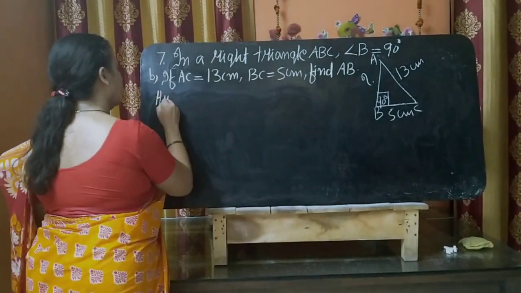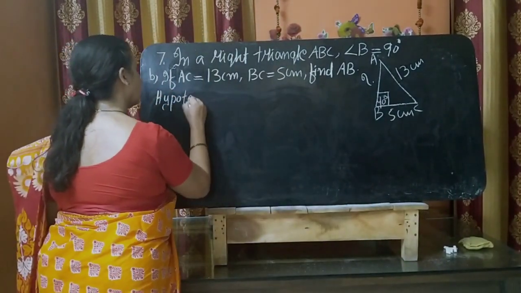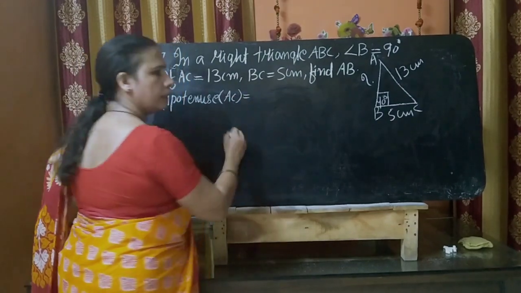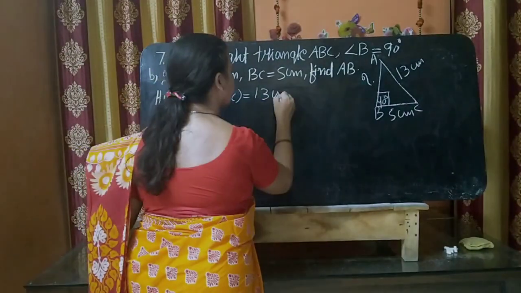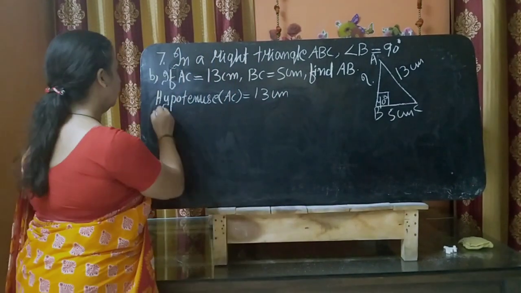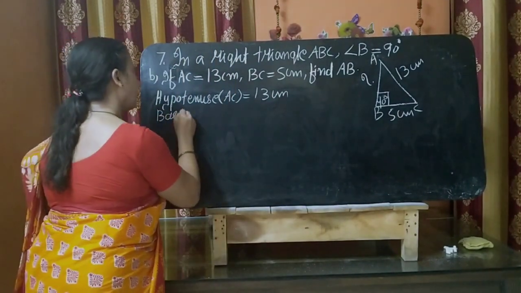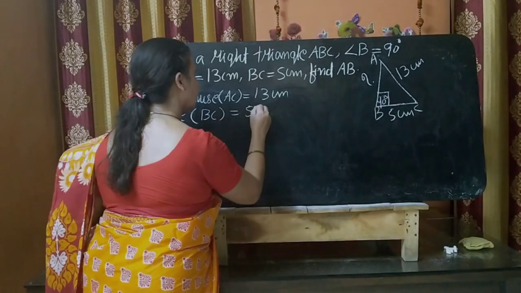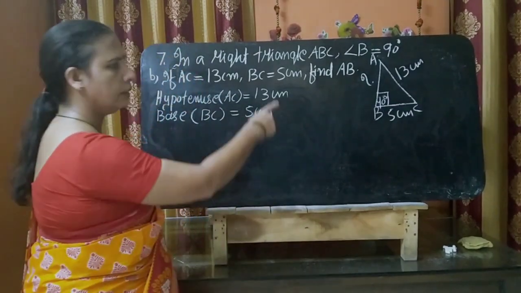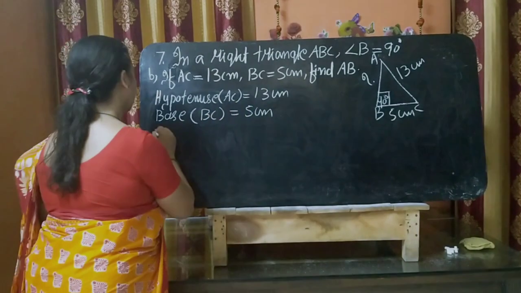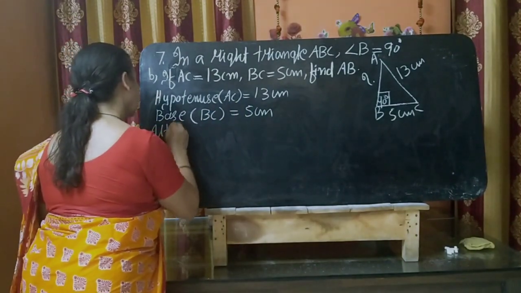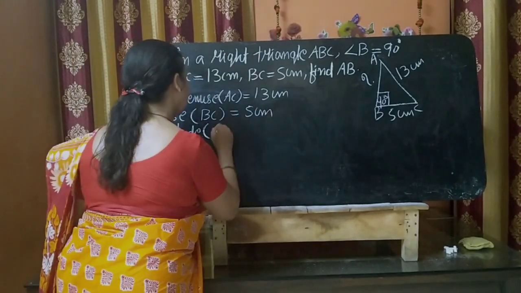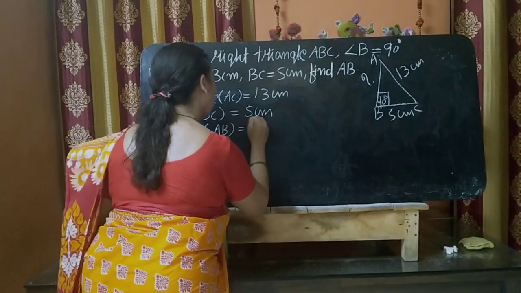Here hypotenuse AC equals 13 centimeters. Next, what is given? Base BC is 5 centimeters. Next, what do we have to find out? Altitude AB.